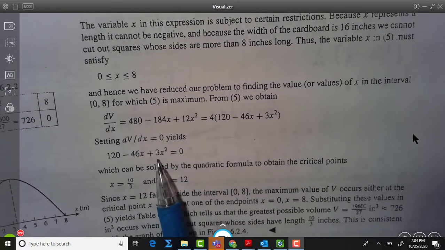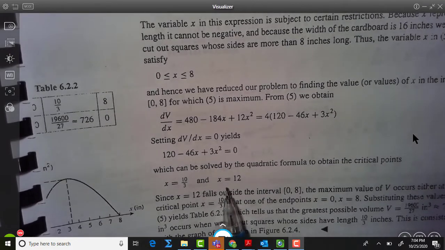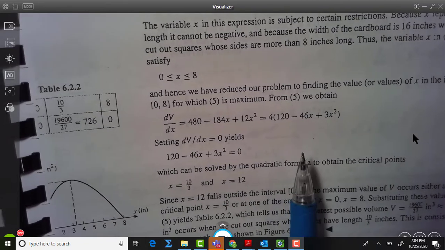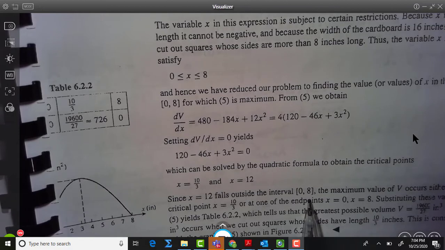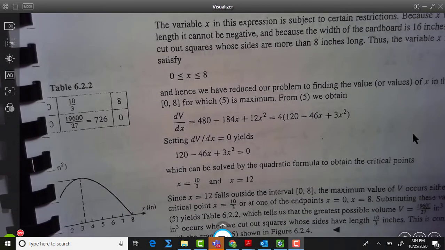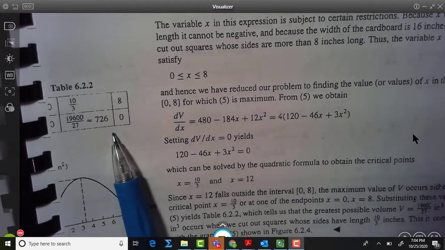Setting it equal to 0 and solving gives me 2 possible places. So here are my critical points. 12 is outside of the interval from 0 to 8, so we can exclude that one. So now we're checking our endpoints at 0 and 8 and at 10/3. And it turns out that 10/3, of course, is going to give us our maximum volume.